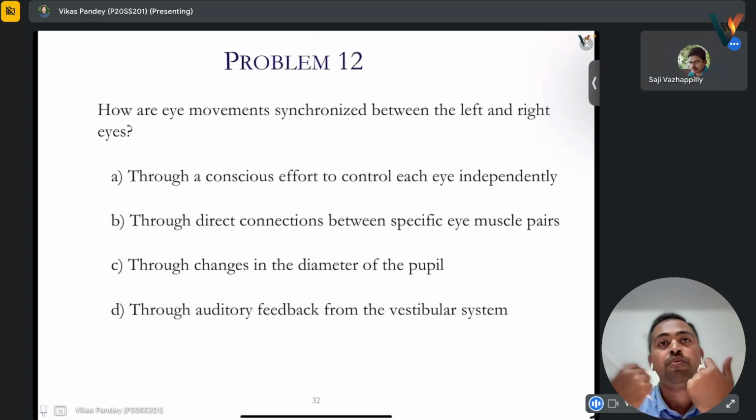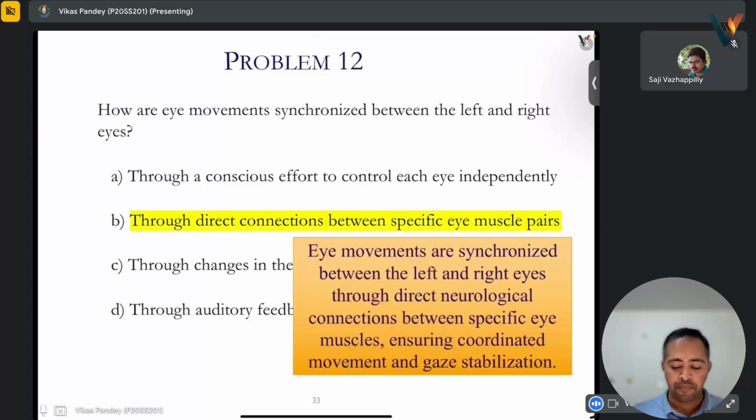Yes, there are directly connected specific eye muscle pairs that control them. So when I am moving this to the left, the other eye will automatically move to the left unless I am trying to control it forcefully. This ensures coordination, movement, and gaze stabilization also.